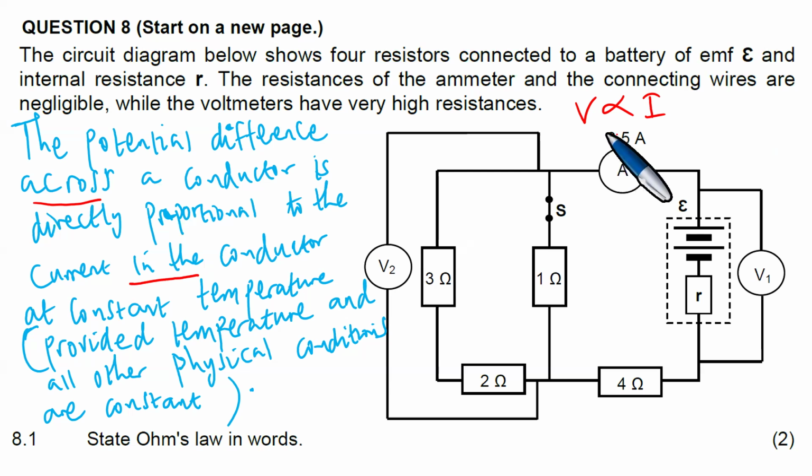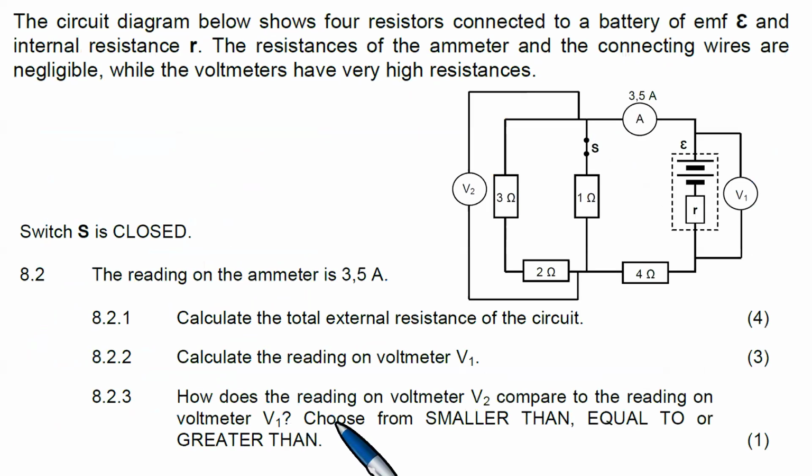Potential difference is directly proportional to the current at constant temperature. So that is why the examiner in that previous question had to make sure that our resistance is constant for us to do everything. Okay, we move on to the next question. The second diagram below shows 4 resistors connected to a battery of EMF E and internal resistance R.